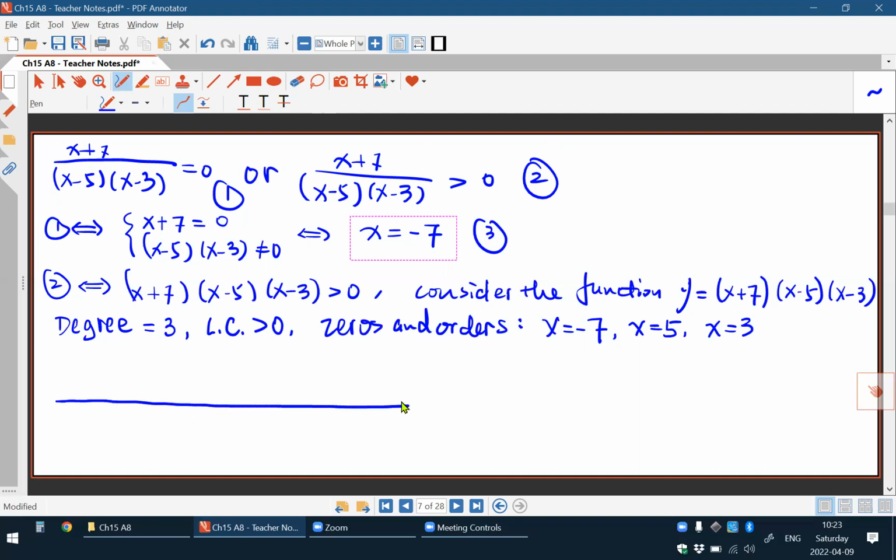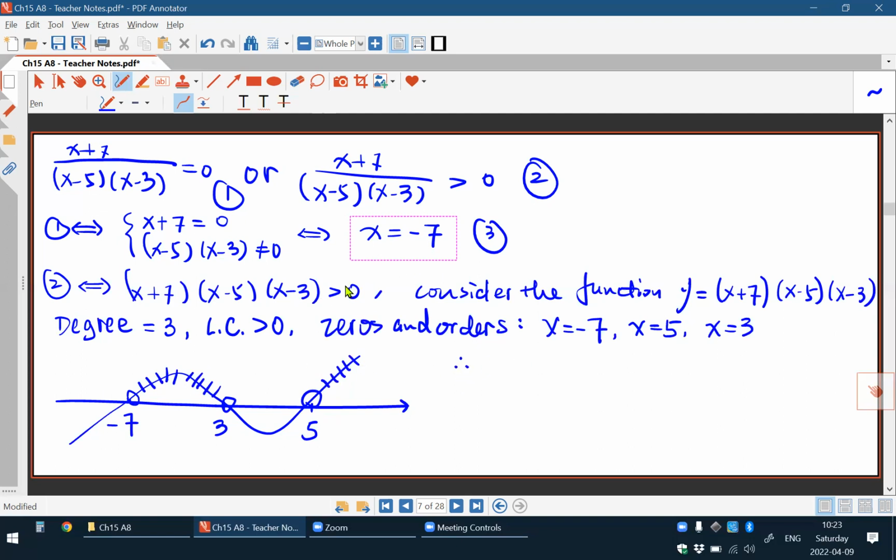So basically, we have a sketch like this: -7, 3, 5. With degree 3 and leading coefficient above 0, this function will cross each of the zeros like this. And our task is to find any interval that makes this function greater than 0. So apparently, this interval will do, and this interval will also do.